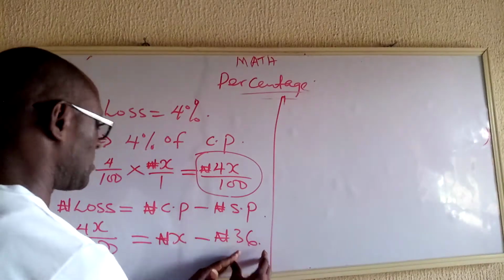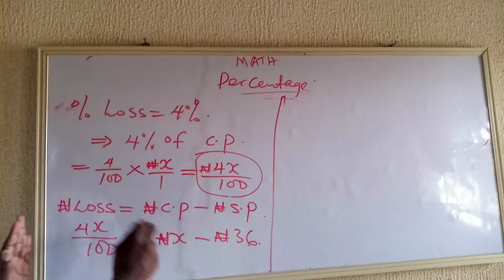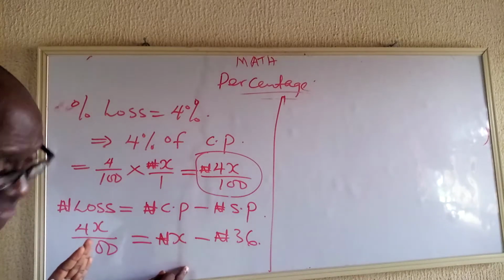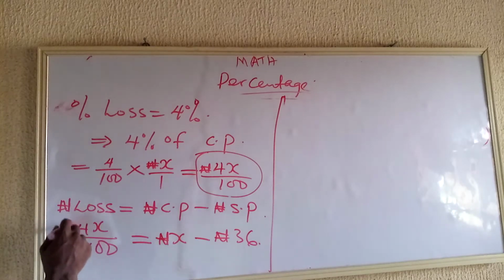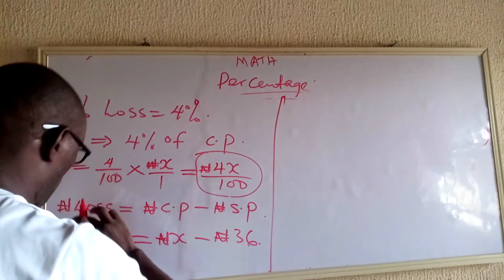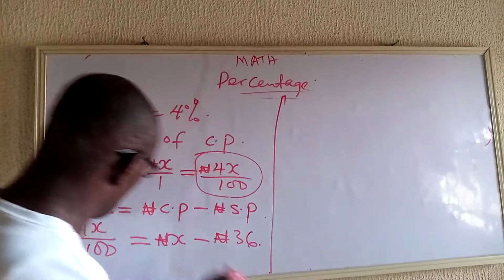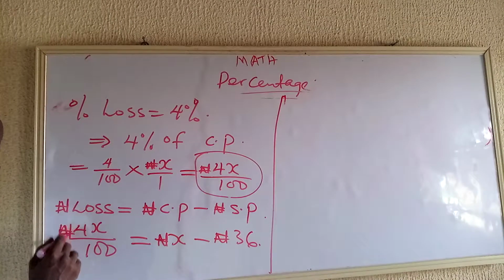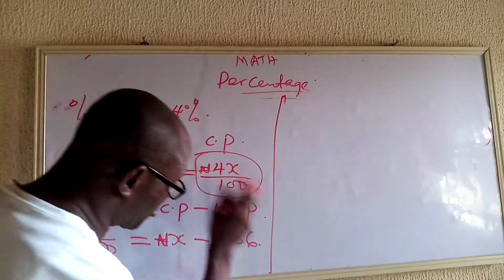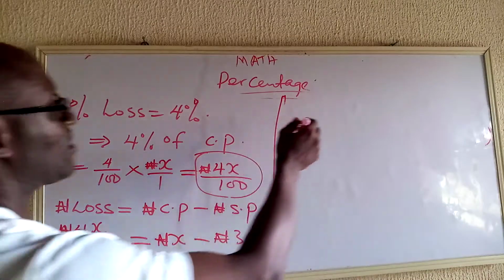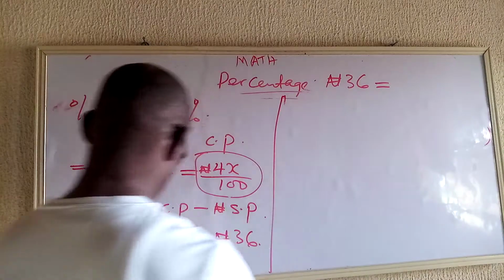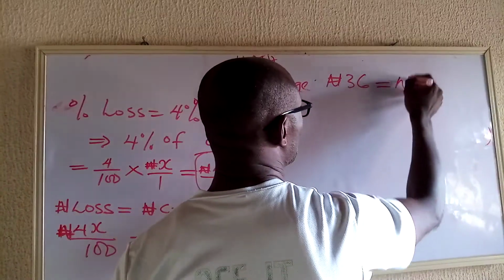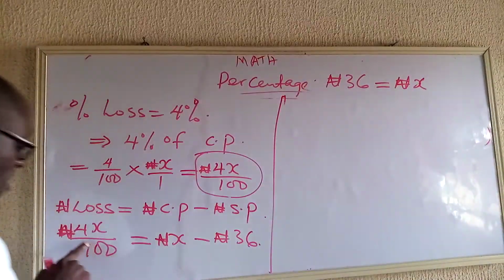That means from right to left, while this x naira is still on the right. Then the 4x over 100 naira will now be shifted from the left to the right. And don't forget it is positive here, since you don't see any sign, it means positive. So when positive crosses over, it becomes negative. So what do I have? I have 36 naira equals this x naira, which has been there before the arrival of 4x over 100.